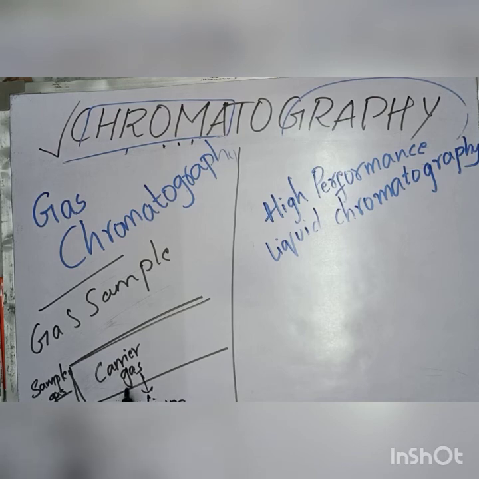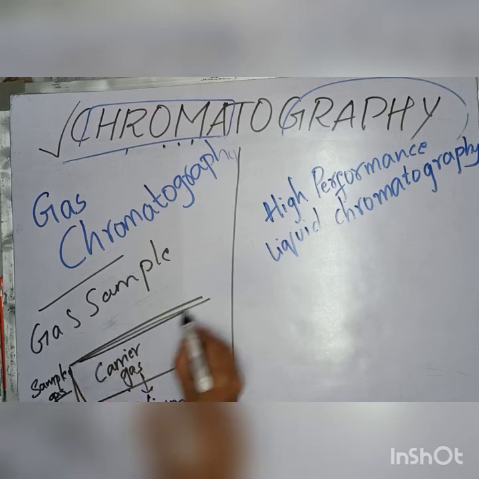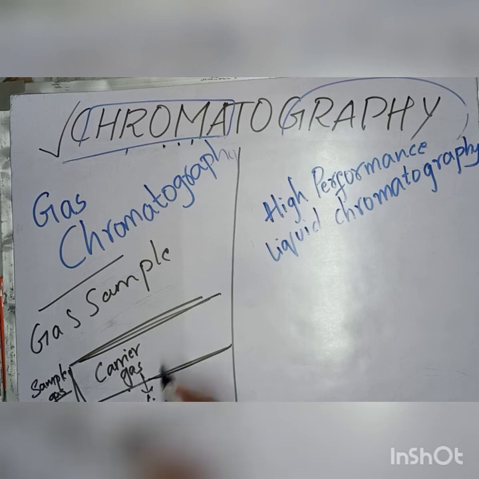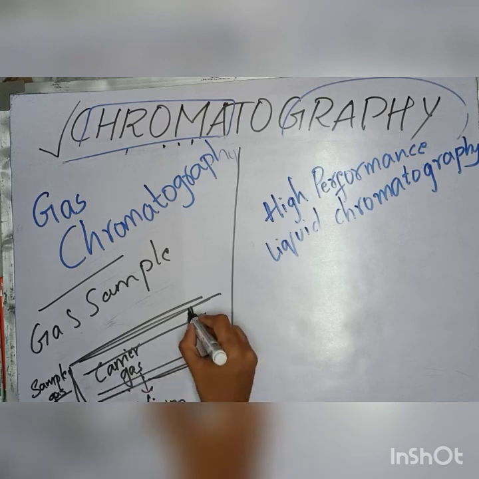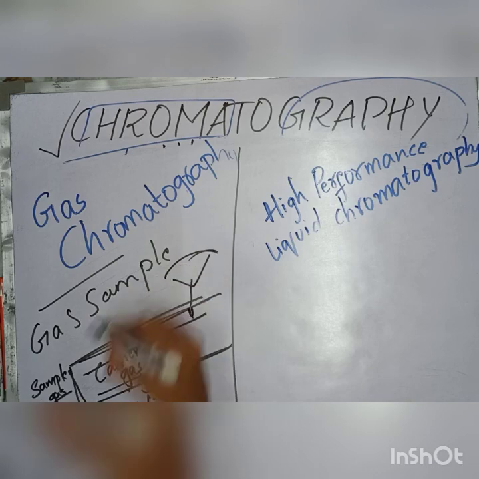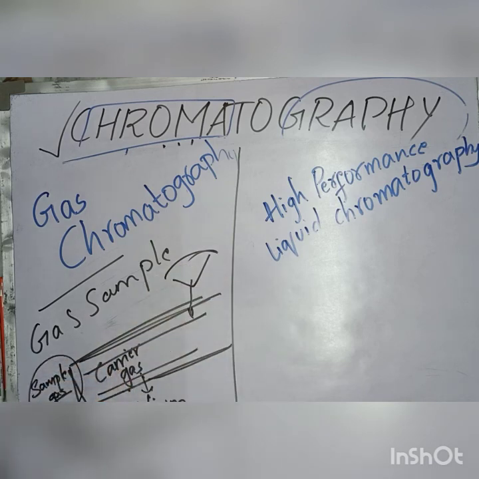The sample gas will move in the column based on its physical and chemical properties, and at the end a detector will be there, and it will detect the sample gases based on the length they have moved. That is about gas chromatography.